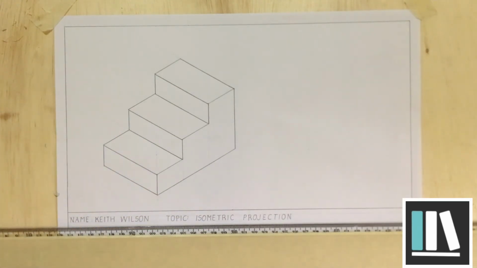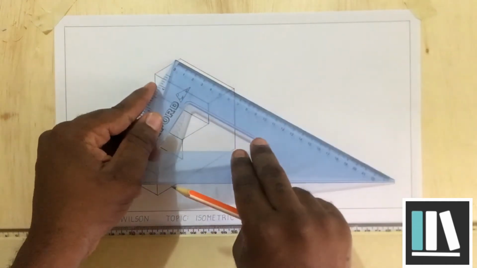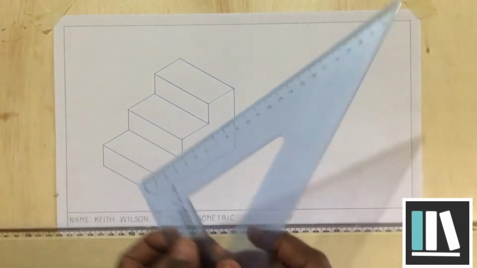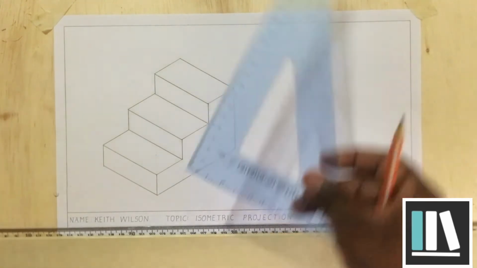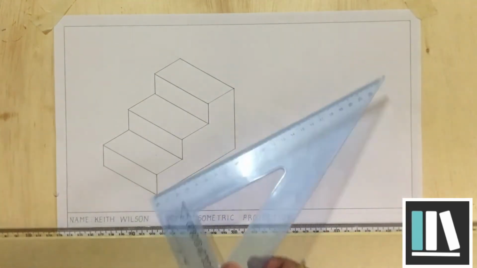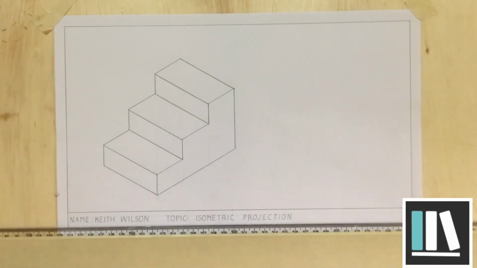So for this staircase that I've drawn, the width is 60, the height is 60, the length is 90. Those would have been the exact measurements taken from the real object drawn. There's another thing to note as well.